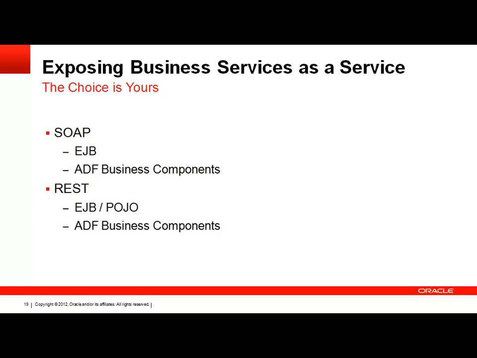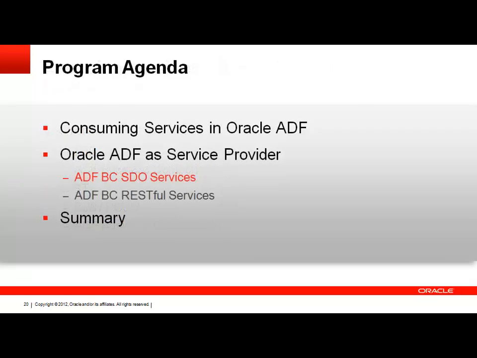To expose a business model as a SOAP service, we can use Enterprise Java Beans and use annotations in them, or we can use ADF business components. For RESTful services, again, Enterprise Java Beans referenced from annotated POJOs becomes an option, and in a future release of Oracle JDeveloper, we will have the ability to also expose ADF business components as RESTful services.